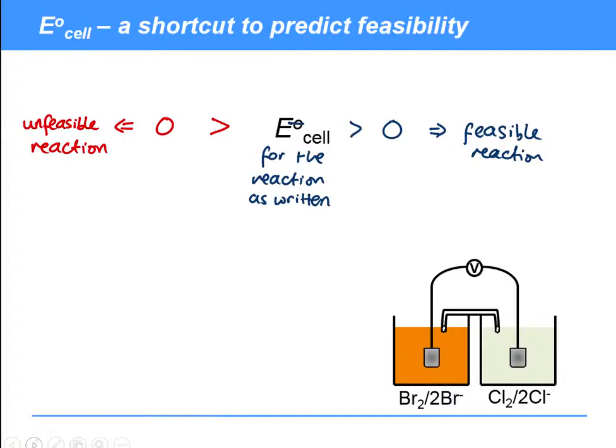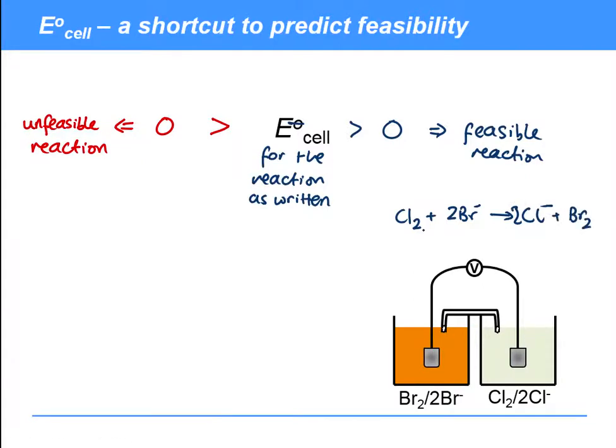So consider the cell formed between bromine and chlorine. What you're essentially doing with these E cell calculations is, let's remind ourselves of the reaction, 2Br minus goes to 2Cl minus and Br2.